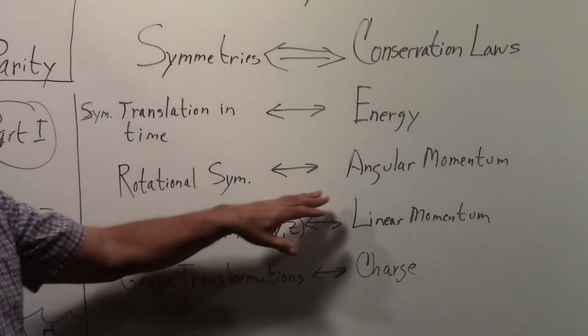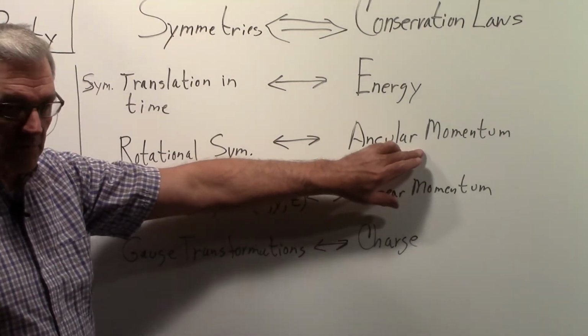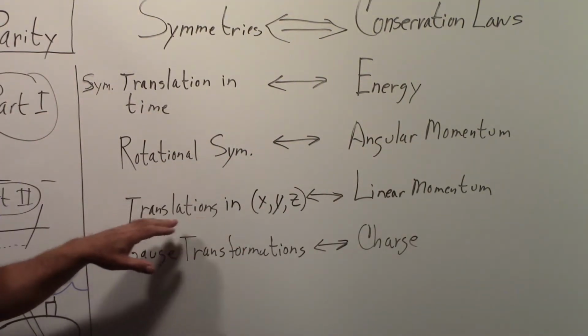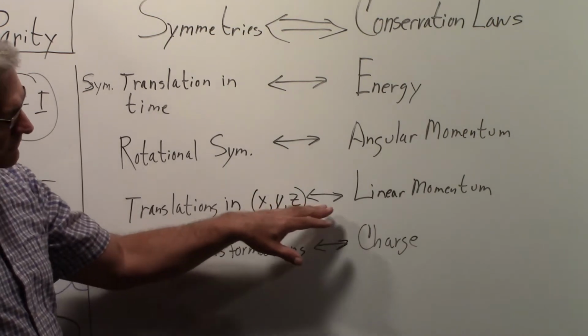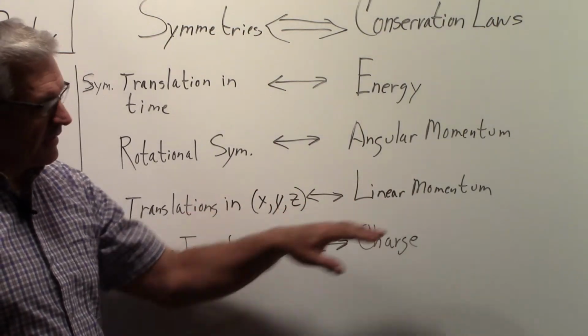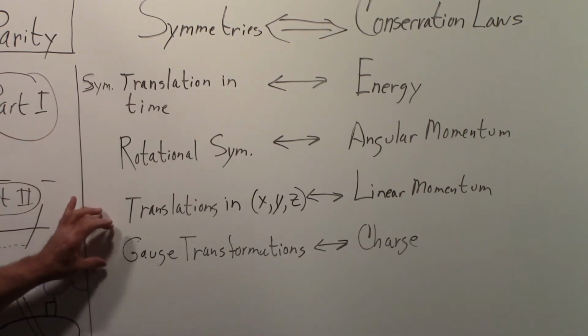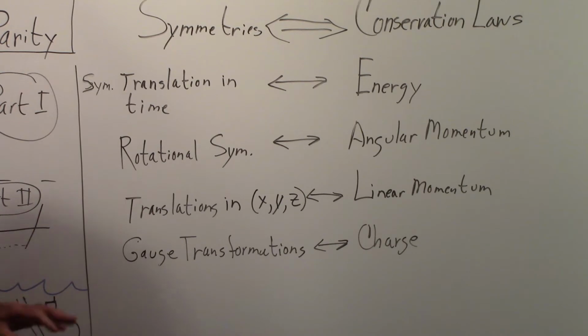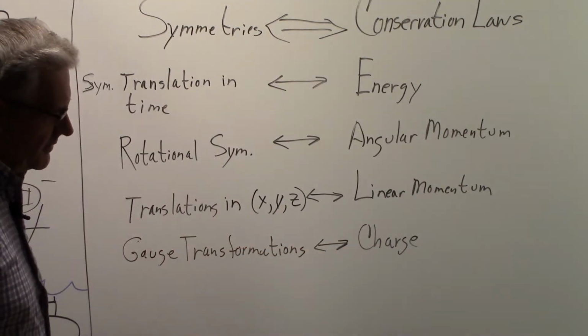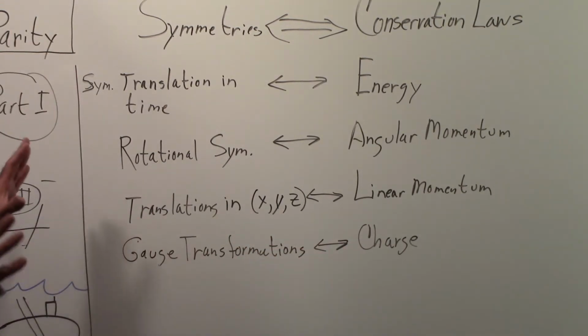Rotational symmetries, conservation of angular momentum. Translations in coordinates correspond to conservation of linear momentum. And then you can get to more complicated things, gauge transformations, conservation of charge. This is heavy stuff.